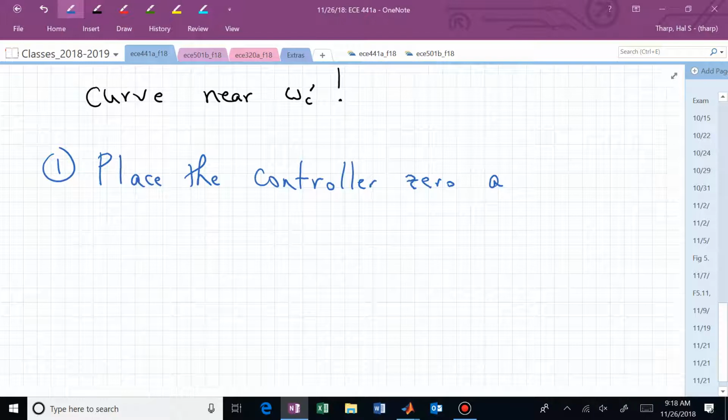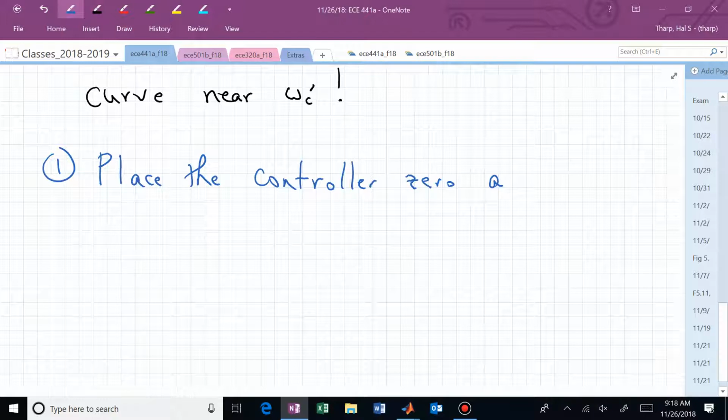These pole and 0 factors distribute their phase in our straight line approximation over a 2-decade expanse. And so if we now center that 0 a decade before omega sub C prime, its angle contribution is pretty much finished.